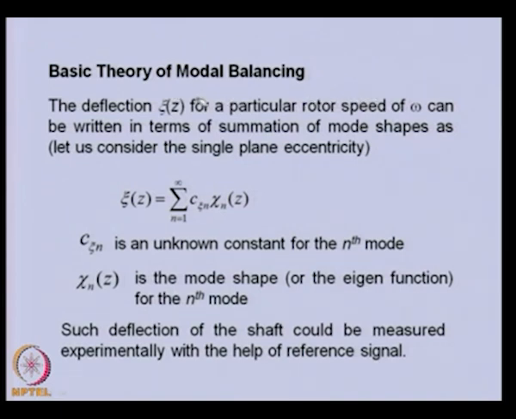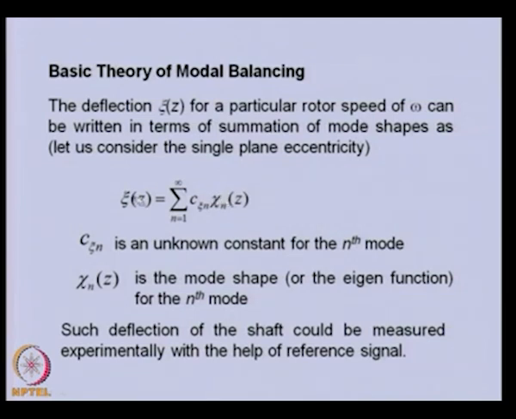When we are talking about a flexible rotor, we need to talk about at what speed we are operating. This deformation or deflection is there at a certain speed, and this deflection we can write in the form of a series using the eigenfunction.